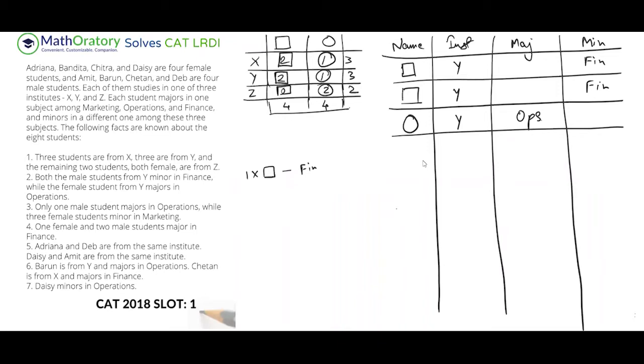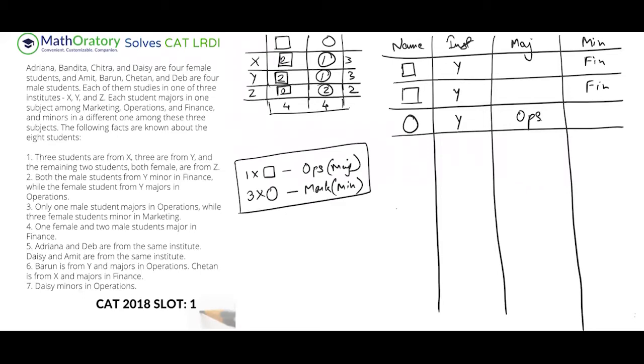Also, keep a track of whether this is a major or minor. One male student majors in operations, sorry, my bad. This is major, by the way. And three female students minor in marketing. So marketing is minor. This is one piece of information given to us, so let's keep a track of that.